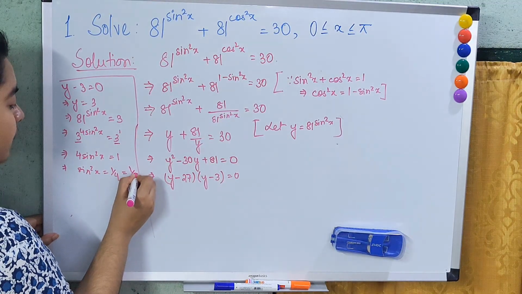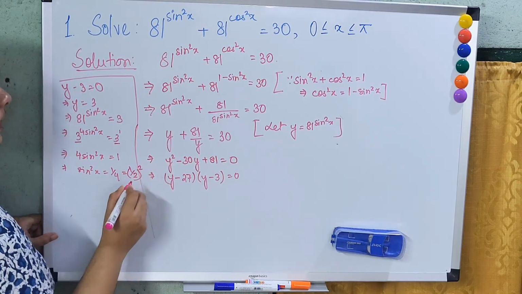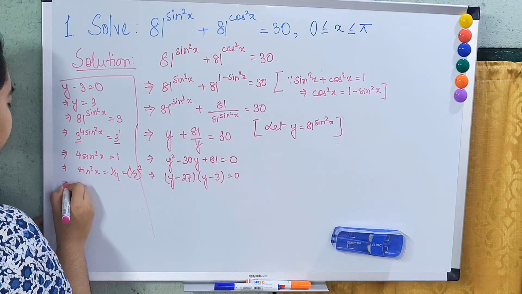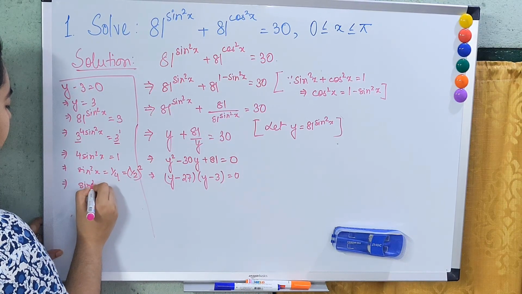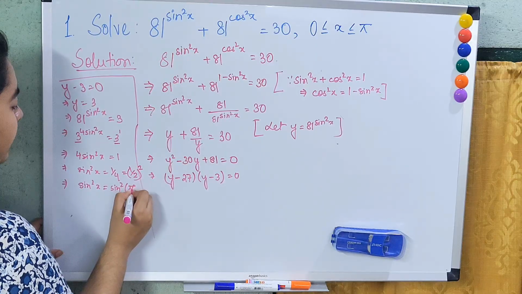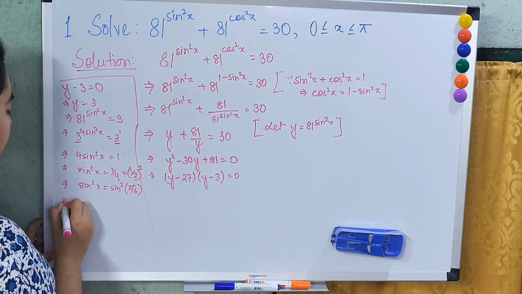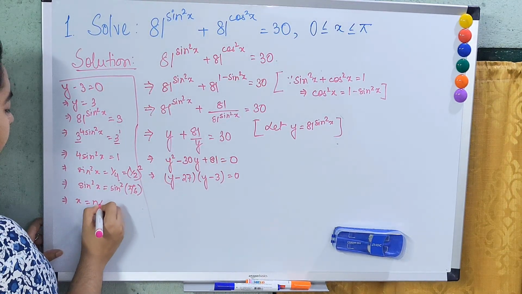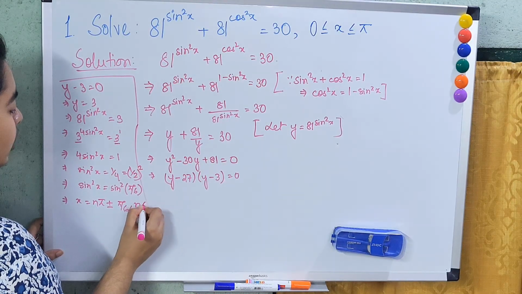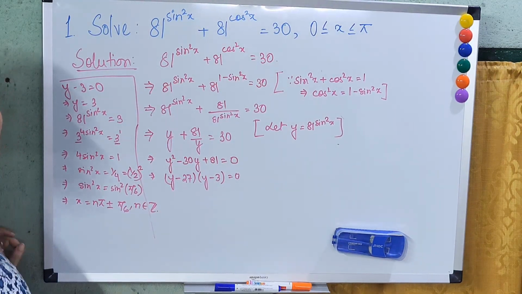That is, (half) whole square. Now we know that sin pi by 6 is equal to half. So we can write it as sin square x is equal to sin square pi by 6. Hence we have x is equal to n pi plus minus pi by 6, where n belongs to the set of all integers.